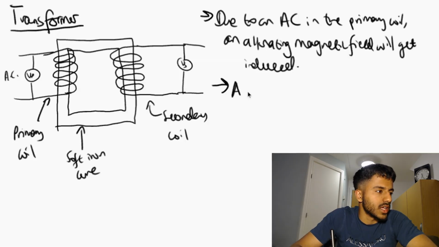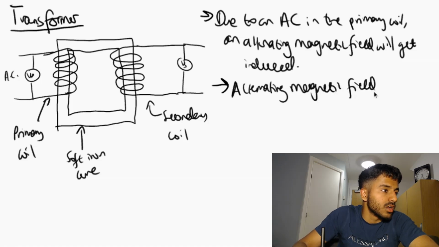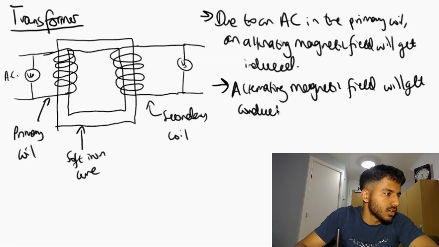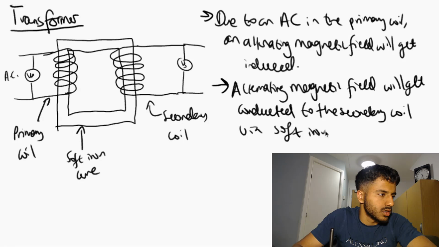Now this alternating magnetic field will get conducted to the secondary coil via the soft iron core.